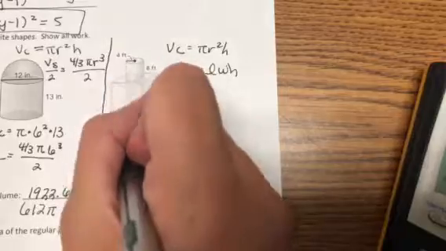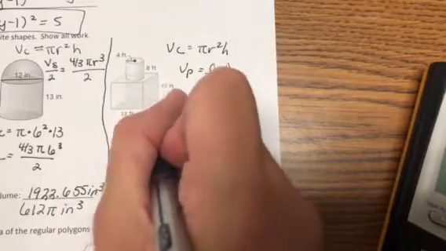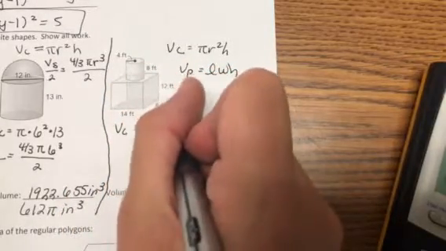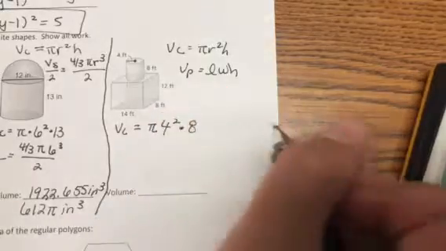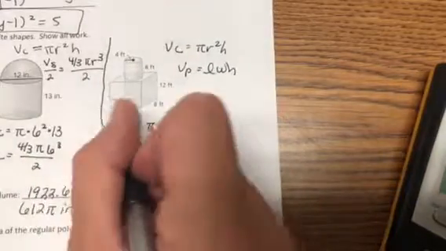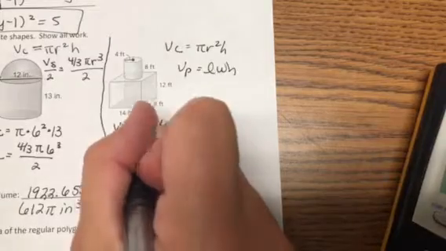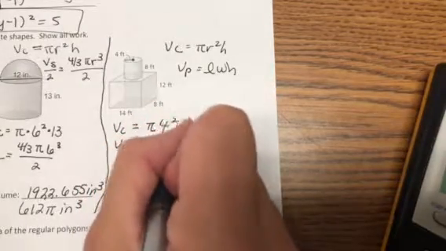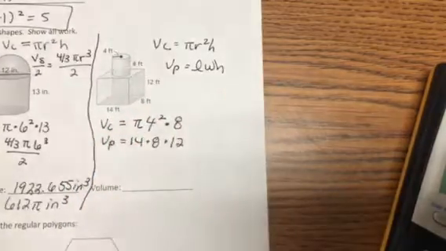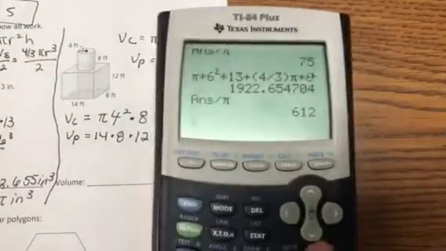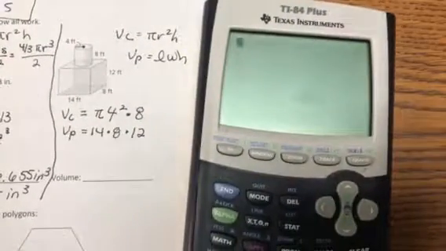All right, so for the cylinder, I'm going to do pi times 4 squared times the height of 8, since the cylinder is 8 feet tall. For the prism, I'm just going to do 14 times 8 times 12. So I'm going to do this one separately, and I'll show you why.